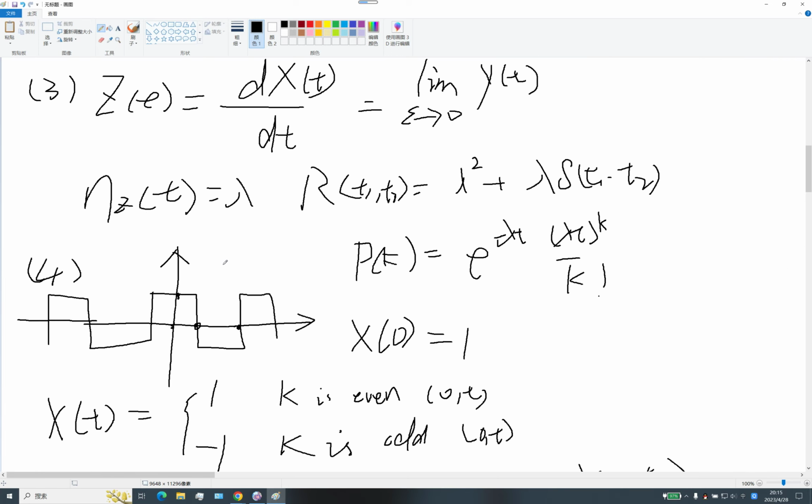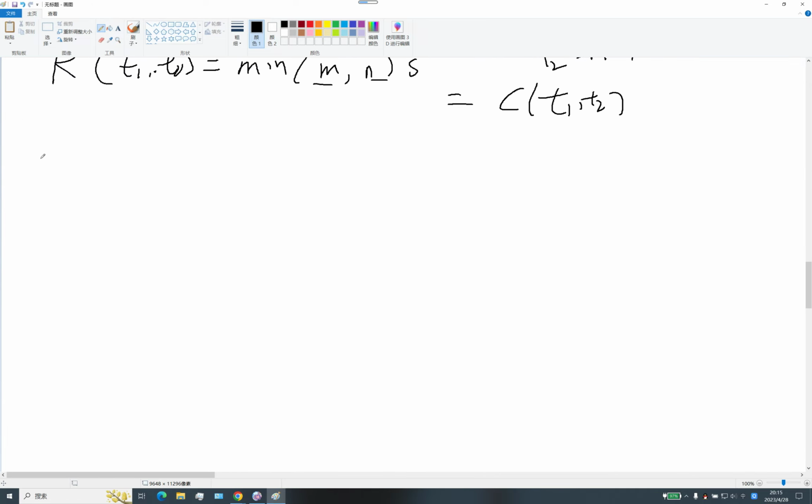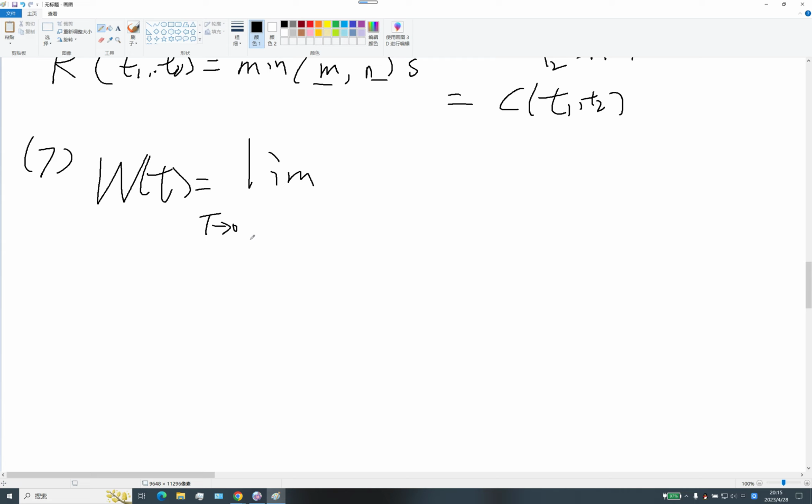The final one is the Wiener process. This process arises from a random walk when t goes to 0 and s squared over t goes to a, and n goes to infinity.